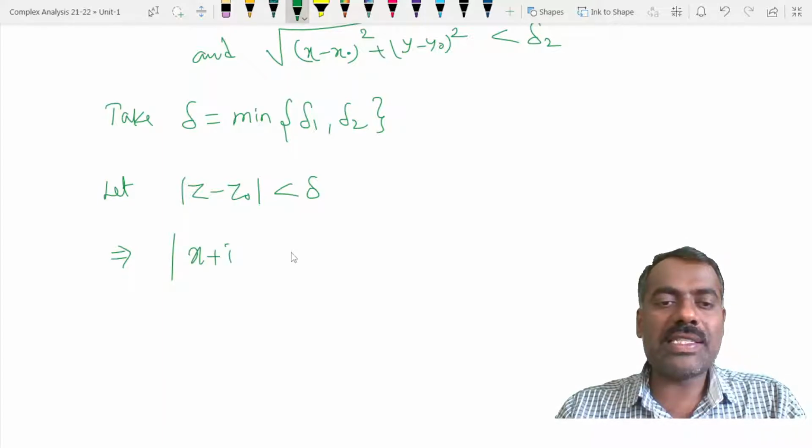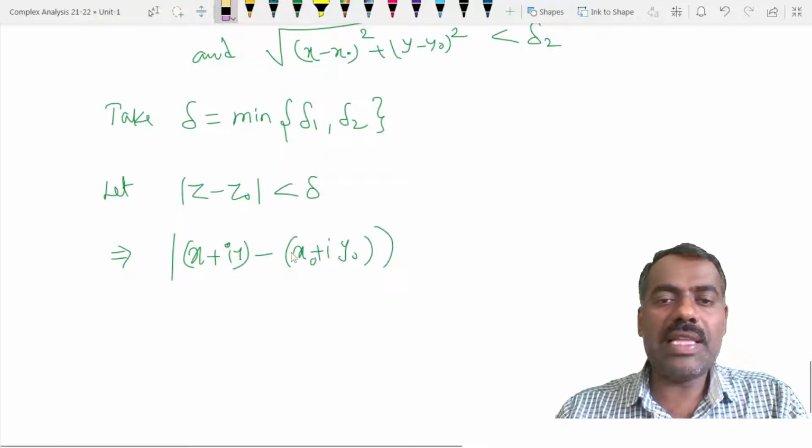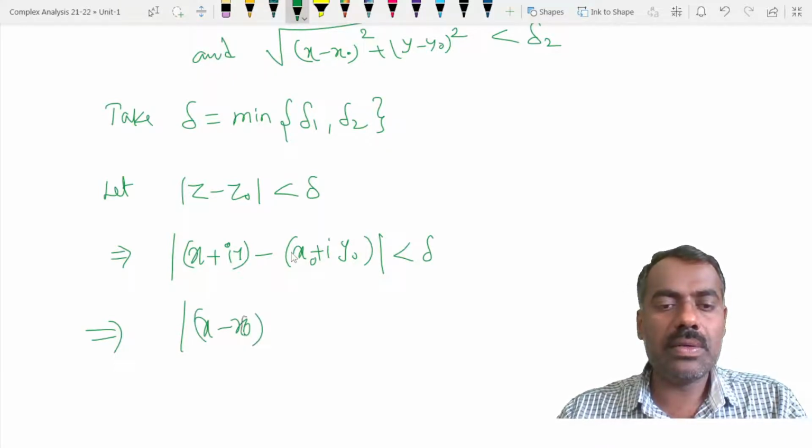it is |x + iy − x naught − iy naught|. Sorry, this is plus i. Is less than delta, right? This is same as saying that |(x − x naught) + i(y − y naught)| is less than delta.